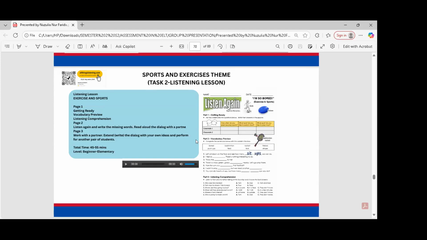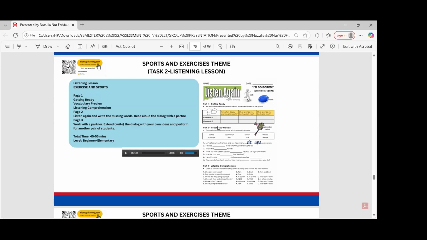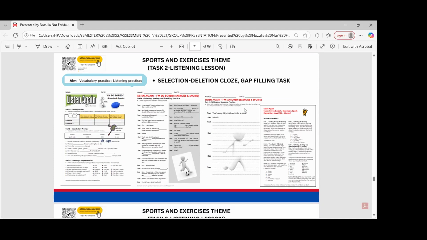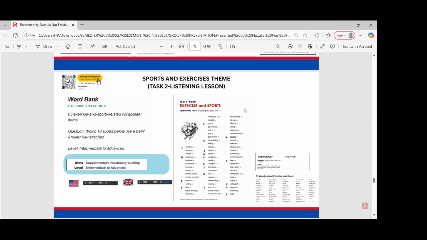Here is also a vocabulary assessment that is integrated into listening aspects. Here also for the vocab, students have to complete the utterance. And here is another exercise.